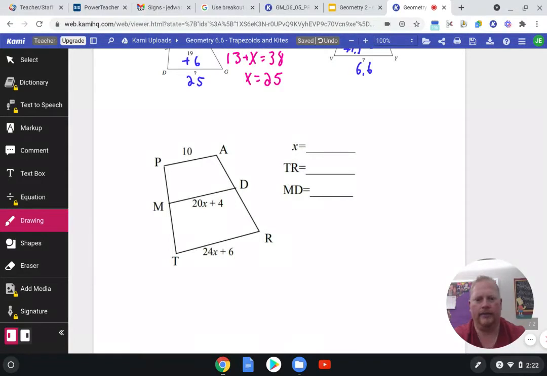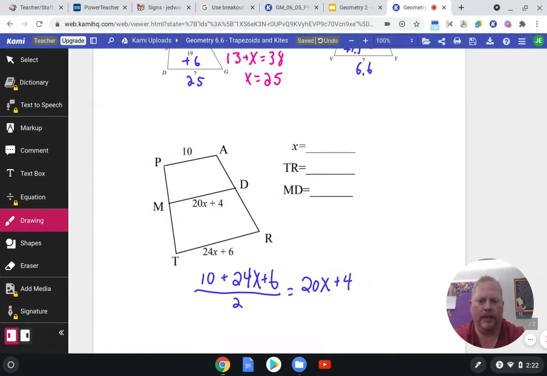All right, now this looks like a mess. Okay, how can I figure this out? Well, I can't do the what do I add to 10 in order to make it 20x plus 4. What I'm going to have to do instead is the old way, the tougher way. I'll have to say that 10 plus 24x plus 6 divided by 2 equals 20x plus 4.